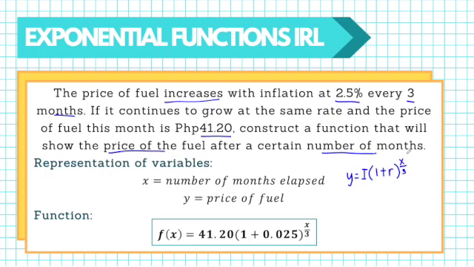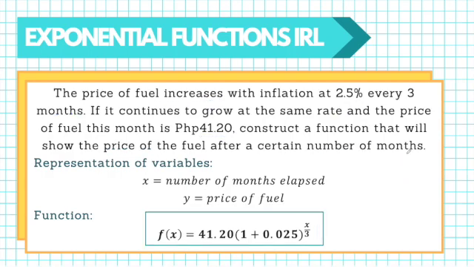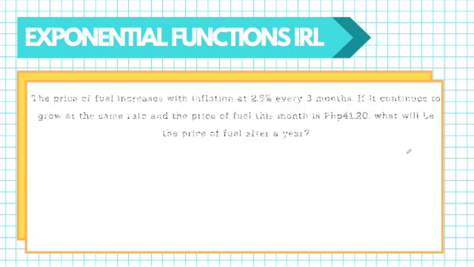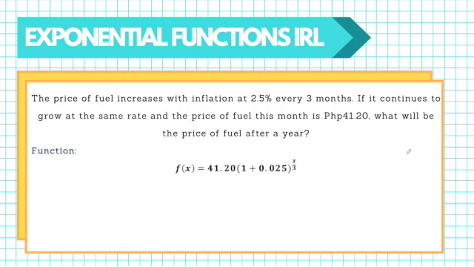Now let's try to use this function to answer a problem that involves this situation. Given the same situation, what will be the price of the fuel after a year? We have the function f of x is equal to 41.20 times 1 plus 0.025 raised to x over 3.